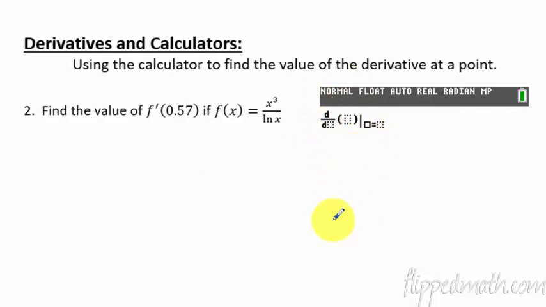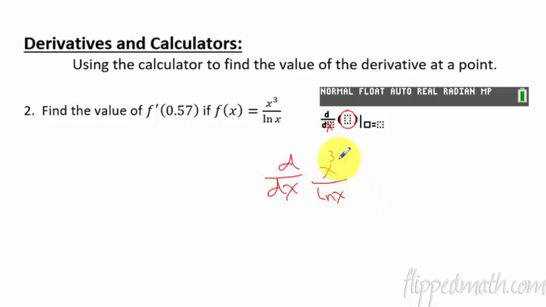Again, this is for the TI-84. And what you're going to type in here is you'll put the variable x right there. So that's where x goes, so this is what it should look like: d/dx. And then here, this is where you put f of x. So in this case, it would be x cubed over the natural log of x.